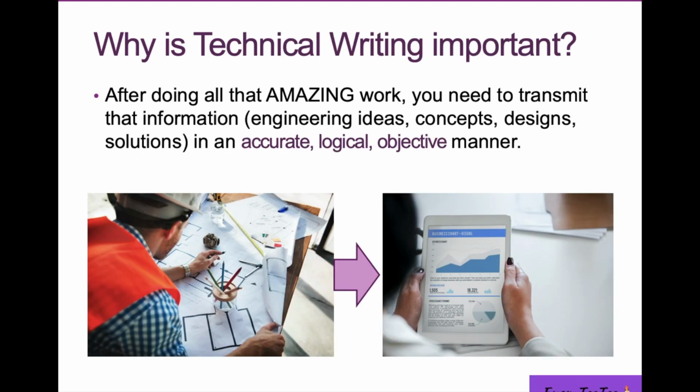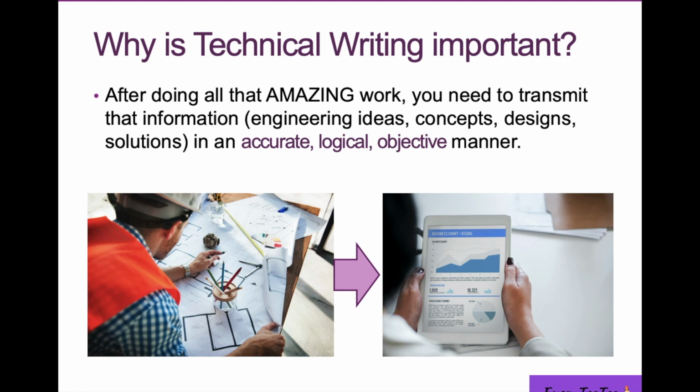So why is technical writing important? As an engineer, you know that your work basically is solving problems that occur in the world in whatever sphere you are working in, whether as a civil engineer, chemical engineer, electrical engineer, the whole breadth, you are doing amazing work.